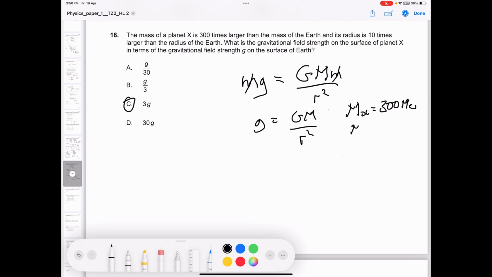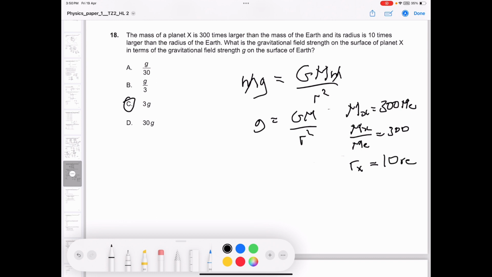Therefore we can say mx all over me is equal to 300. And we also know that rx, the radius of x, is 10 times the radius of the Earth.